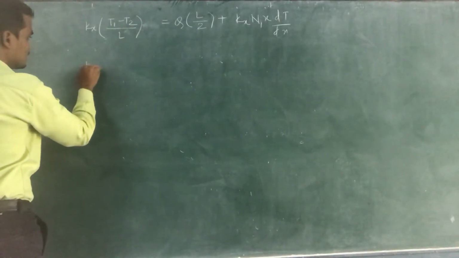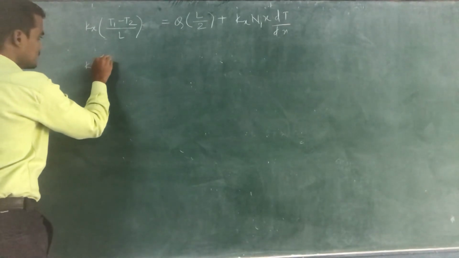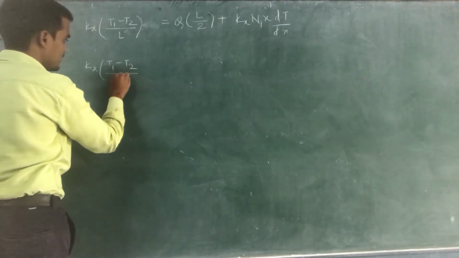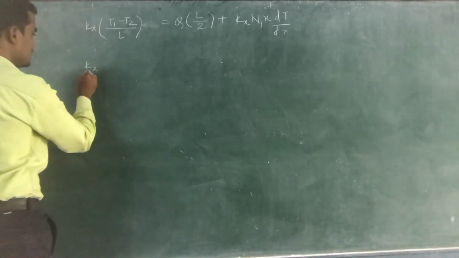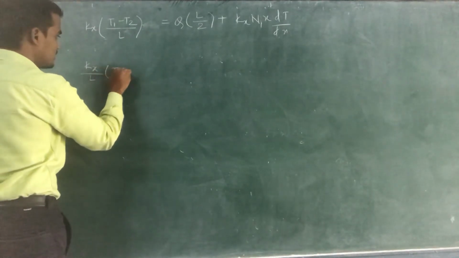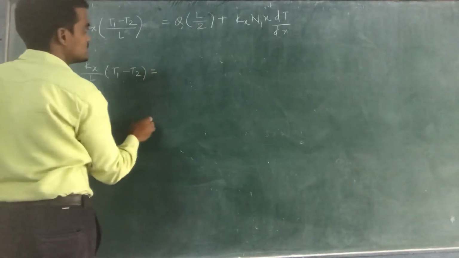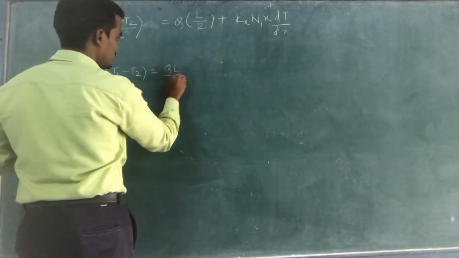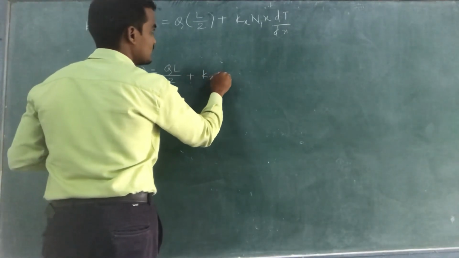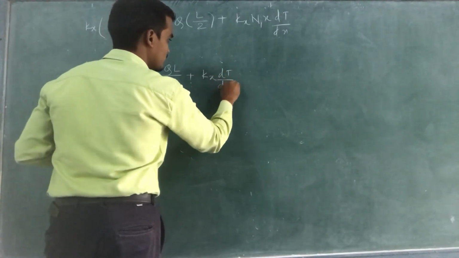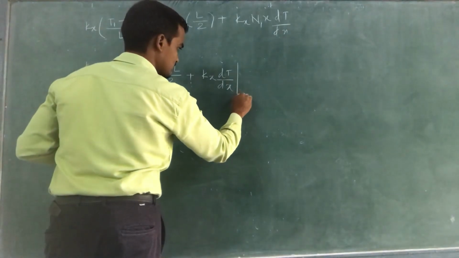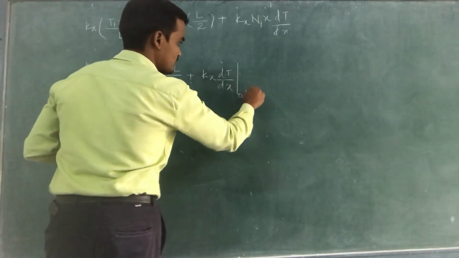So kx in bracket (T1 minus T2) divided by L, or you can write kx by L into (T1 minus T2), is equal to qL divided by 2 plus kx into dt by dx at node i equal to 1.